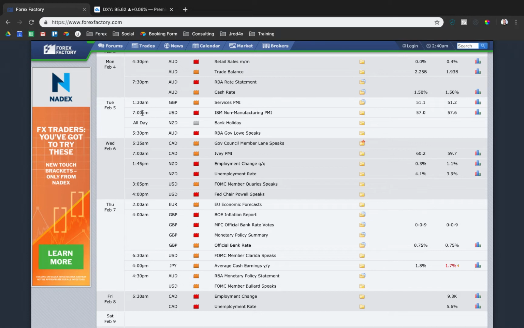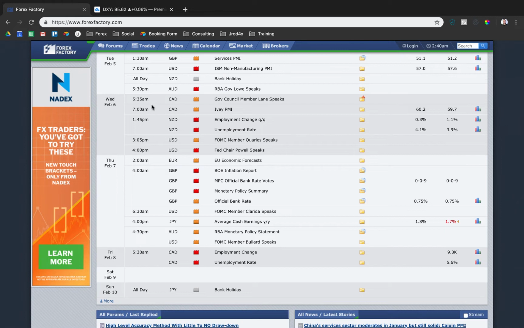This could be an optimal trade opportunity. And going into Wednesday, we also have some more dollar index news for New York session. So we could definitely see some pretty nice setups for both maybe euro and cable on Tuesday and Wednesday during New York session.